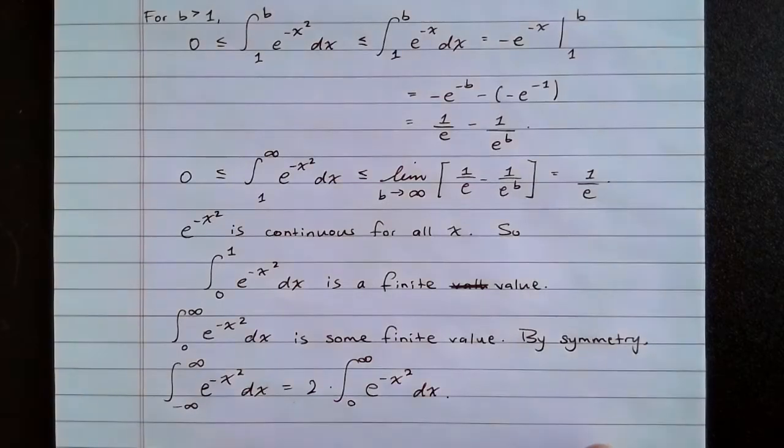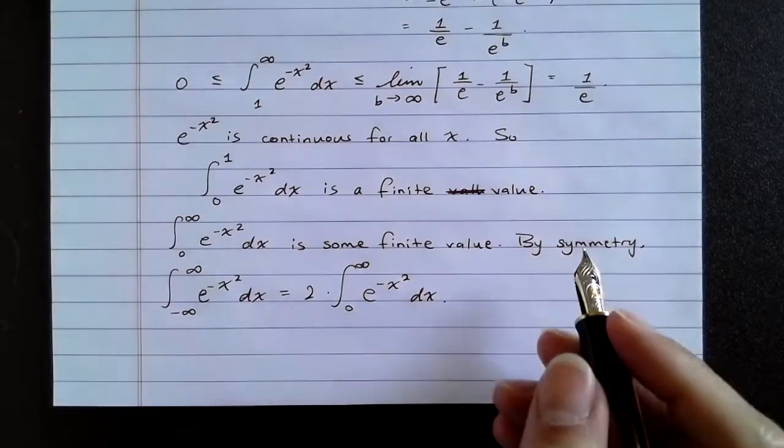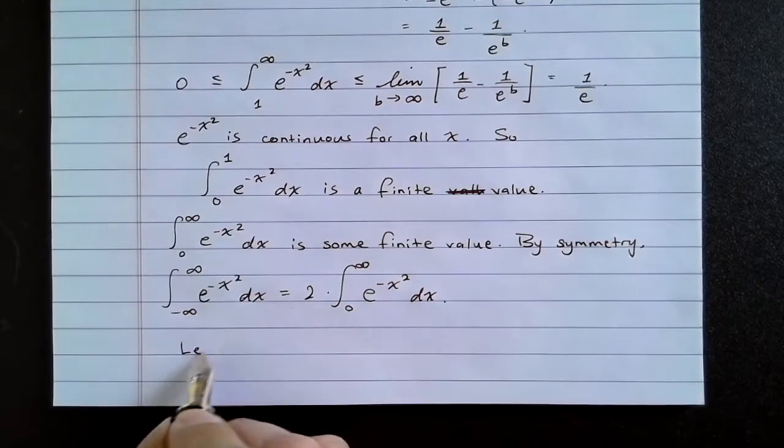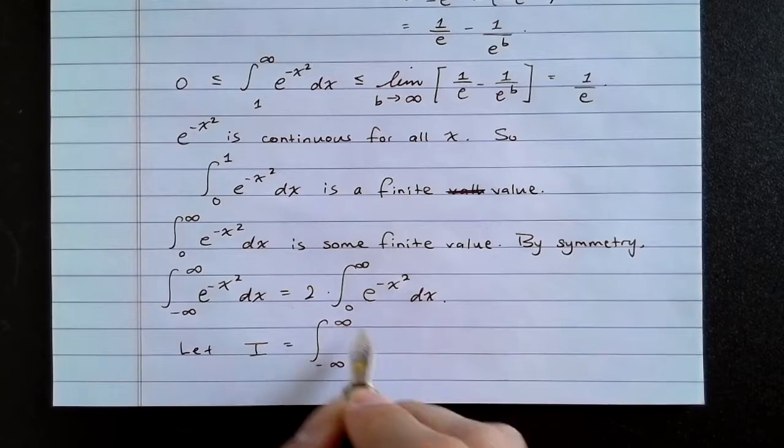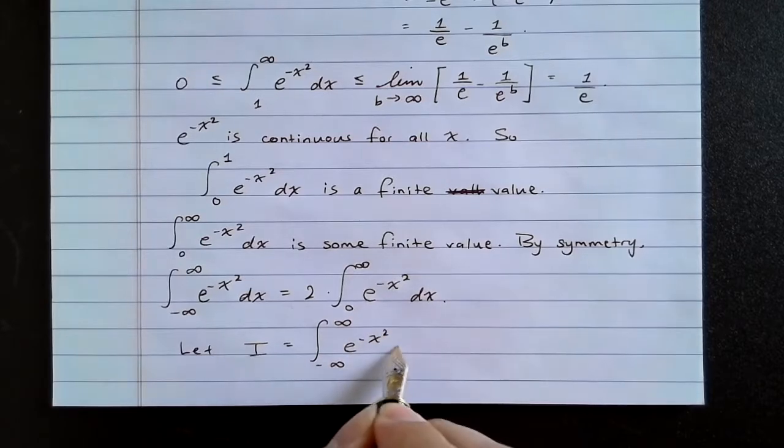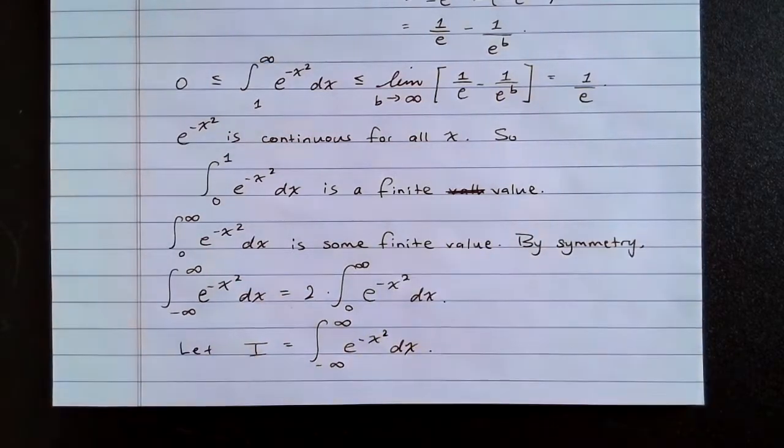And let's call this a value I. And so the point of the discussion above is that I is actually a real number, so I'll be able to do some algebraic manipulation with it.